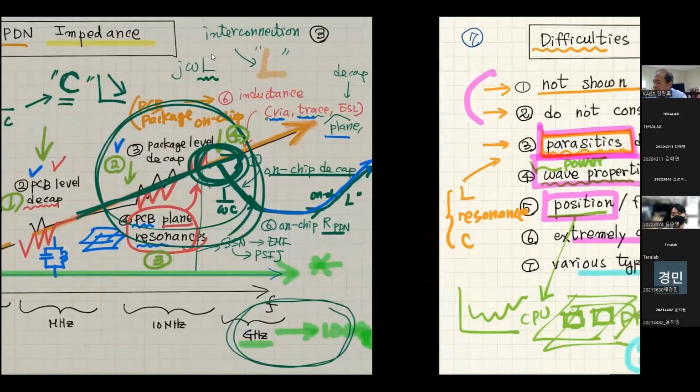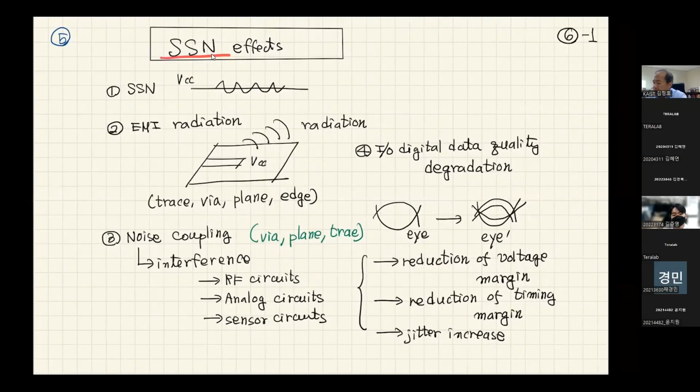And around these resonances, we're gonna have a large amount of switching noise. And if you do the Fourier transform, we're gonna have certain EMI peaks. And it will create the radiations.